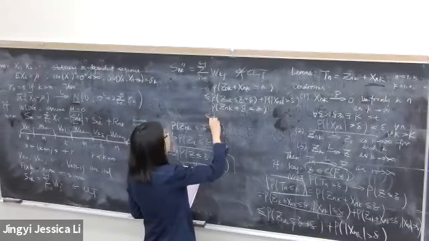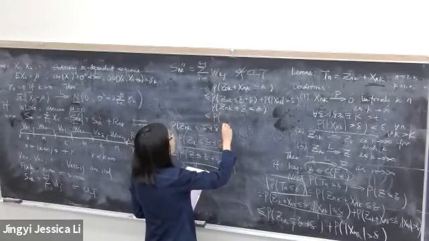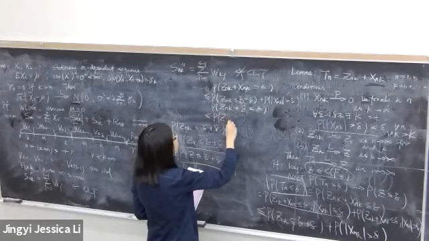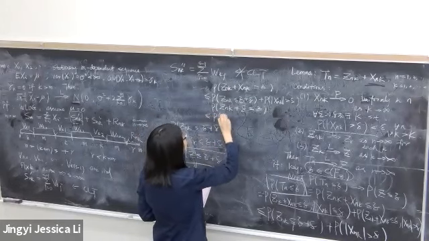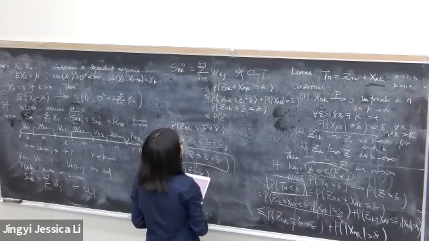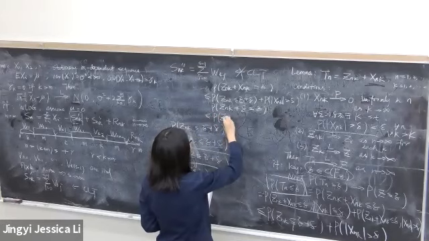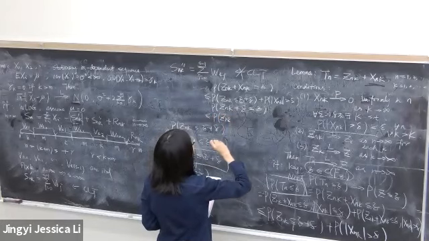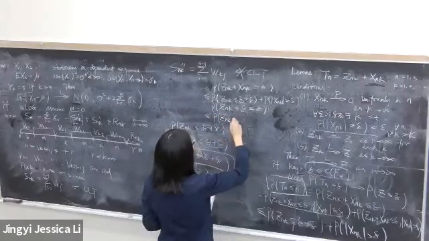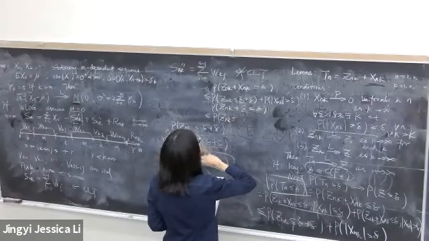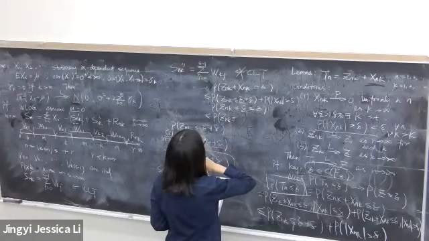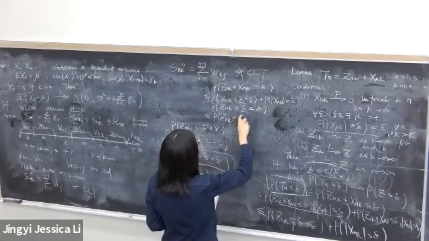It's less or equal than the probability of Zk less or equal than this.